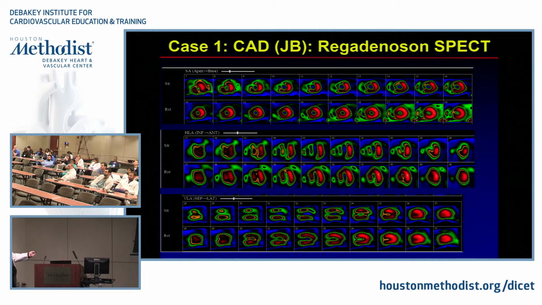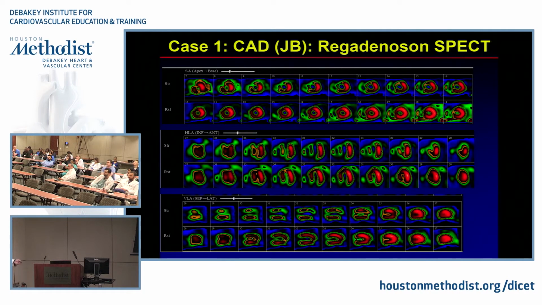Okay, so there's an apical septal, an infraapical, a mid-anterior, a mid-anteroseptal, a mid-infraseptal, a mid-inferior, a mid-anterolateral, and the basal septum are all involved. The apex is clearly involved. The apex is basically out, right?